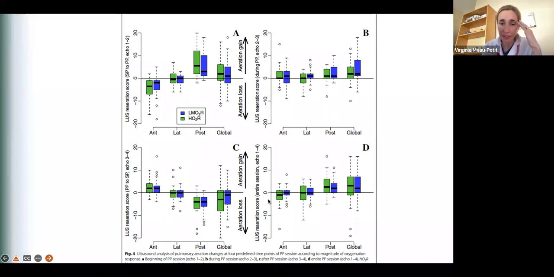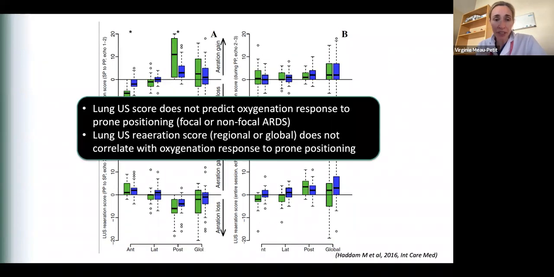And this is here the global score. At the end of all the maneuvers, you don't have really big changes in the lung aeration score, even if you respond well or not well in terms of oxygenation. So what they conclude in this study is that the lung ultrasound score does not really change and cannot predict well the oxygenation response to prone positioning.